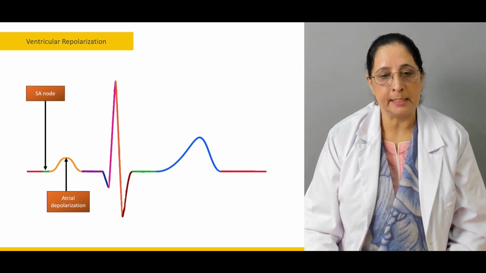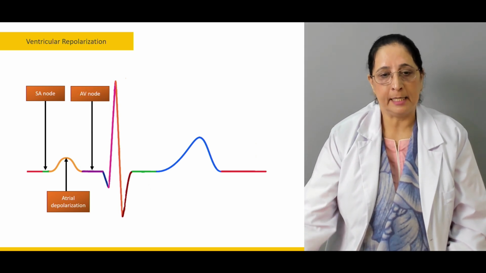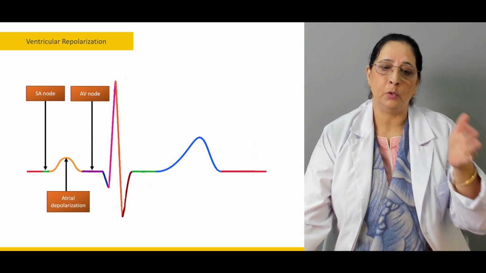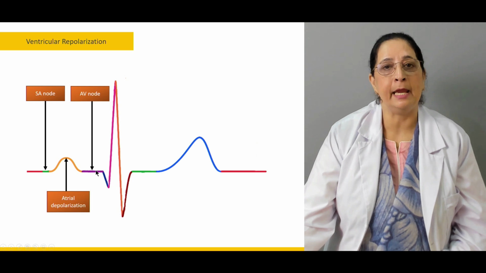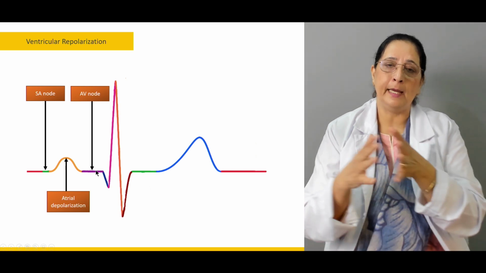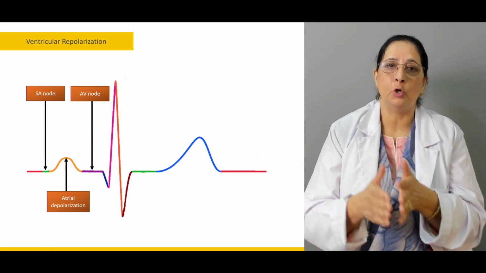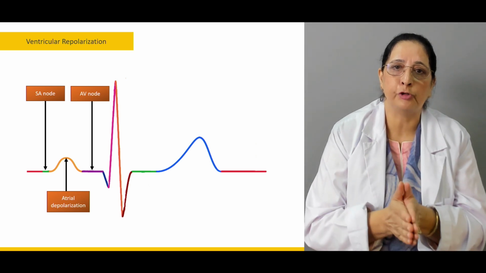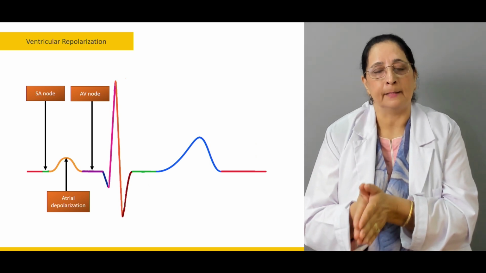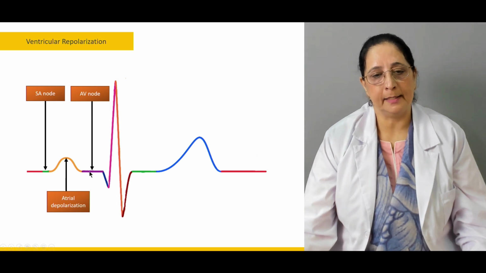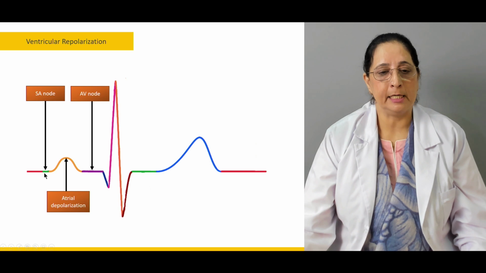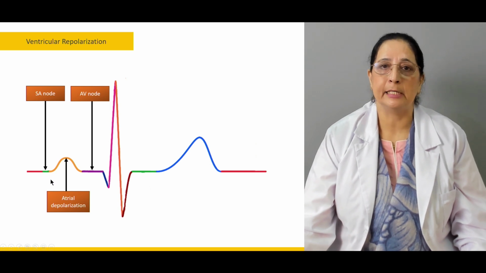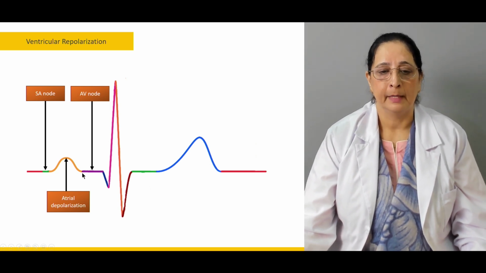So, the SA node, then atrial depolarization. Then this is the AV node. After the atrium, we have the AV node, which is between the atrium and the ventricle. So the next part generated is the AV node. So we have the SA node, depolarization of the atrium, then we have the AV node.